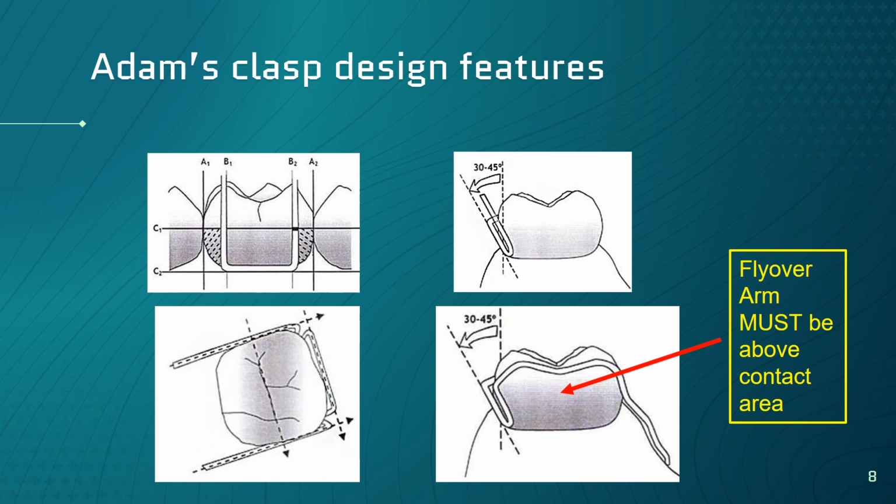The flyover arms must be roughly parallel, and the bridge must be roughly parallel to the buccal surface of the tooth. The arrowhead should be inclined at an angle of about 45 degrees from the surface of the tooth. It's very important that the flyover arm must be above the contact area of the tooth.